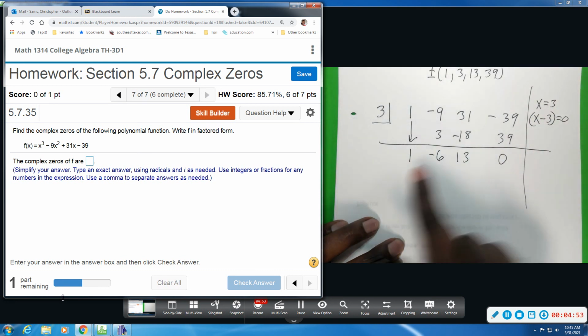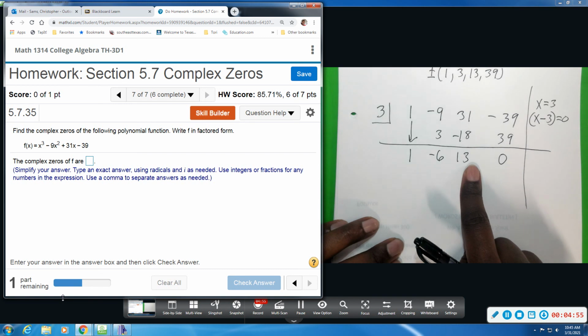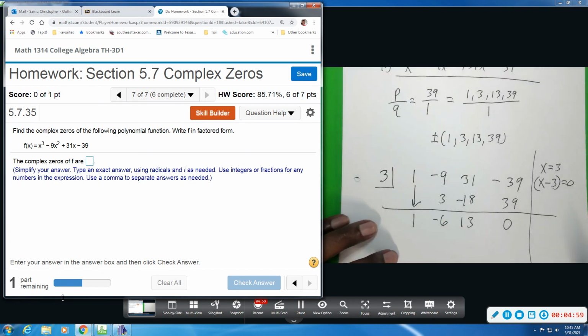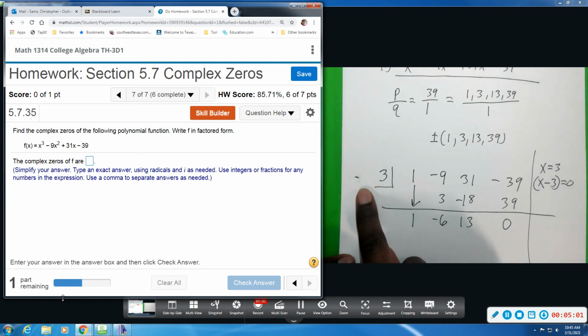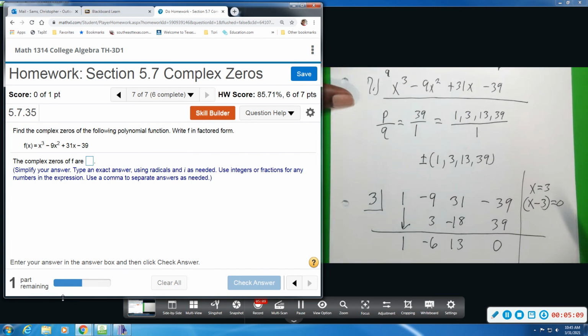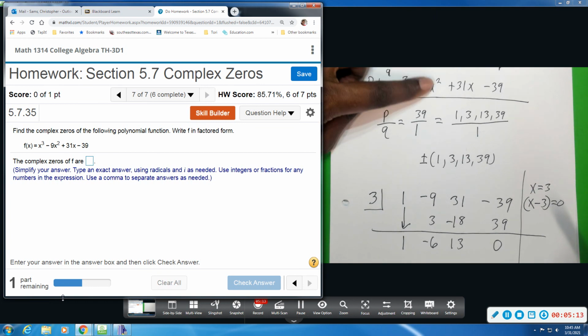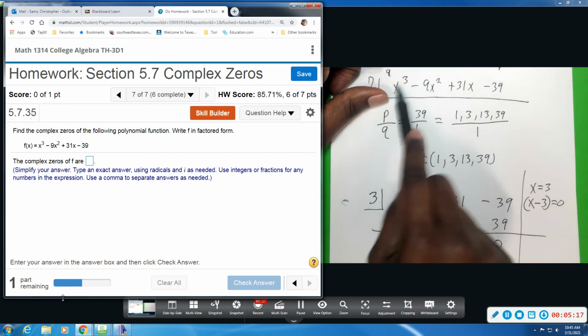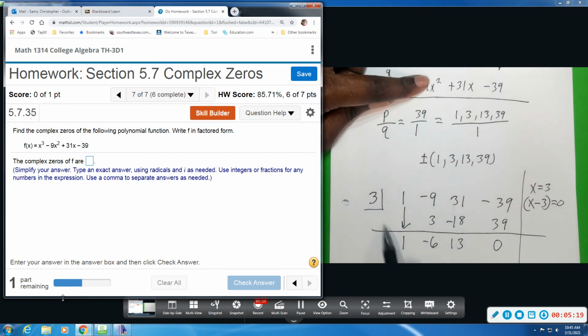Now, what do we do with the remaining part? We hadn't talked about that yet. So notice when we're doing synthetic division, we're actually dividing a factor of x minus 3 to be exact. When you divide off one of the powers of x, you now reduce that power by 1. So now we're starting with x squared because we got rid of one of them when we did this process.